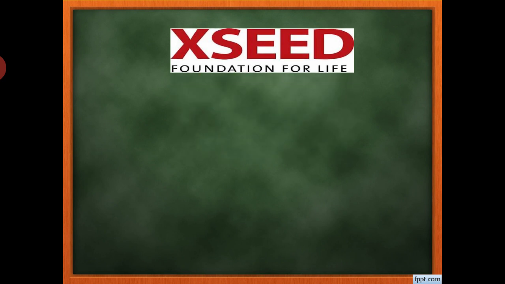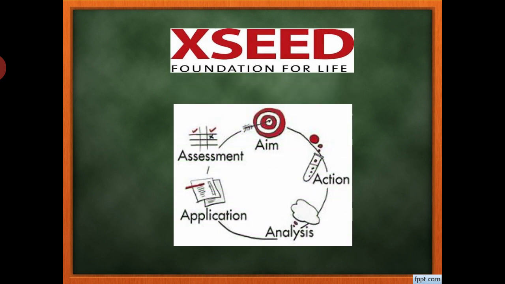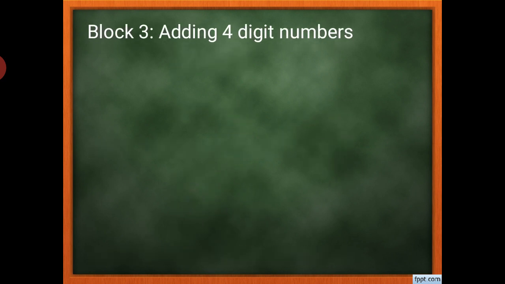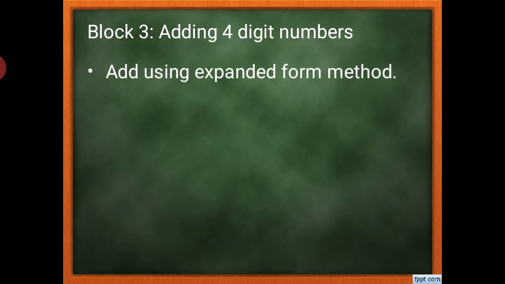In this session, we'll be following Exceed 5 A's, that is aim, action, analysis, application, and assessment. So, we have done block 3. We have completed block 3, that is adding 4-digit numbers, and S1 is adding using expanded form method.